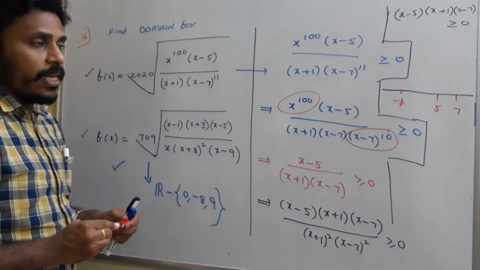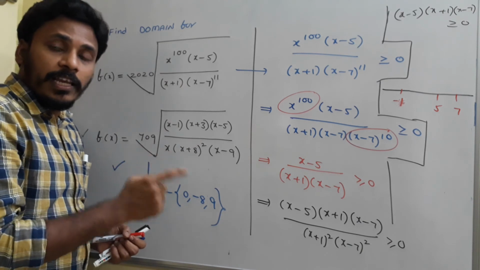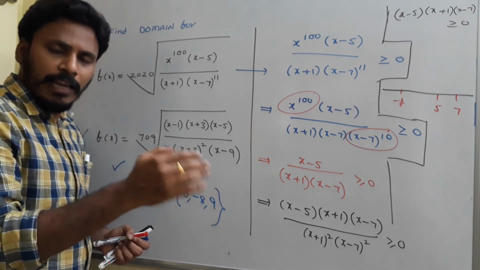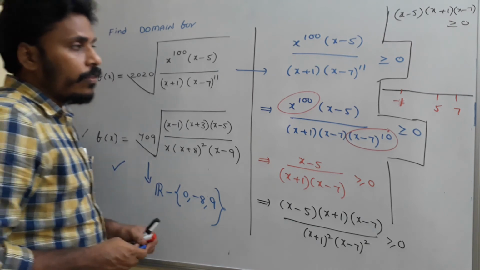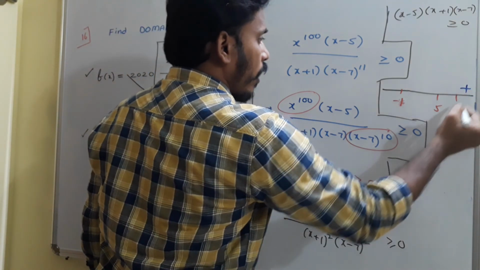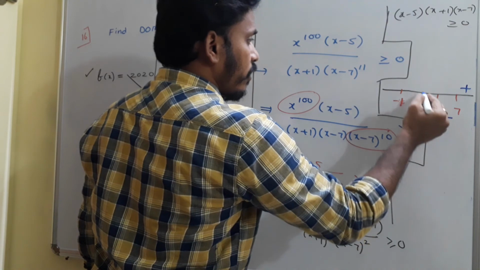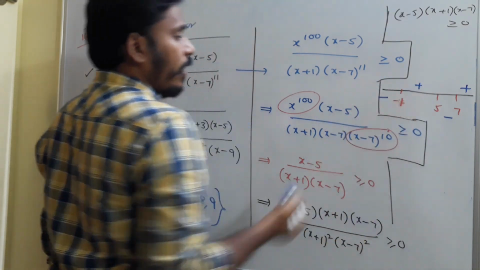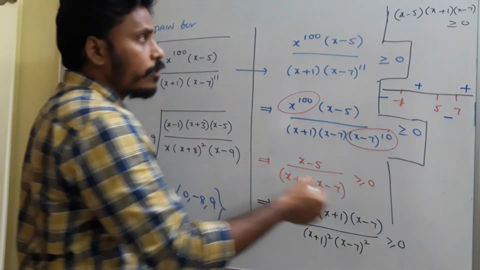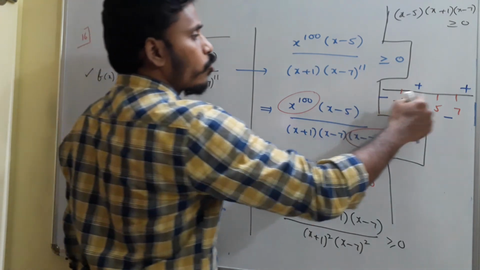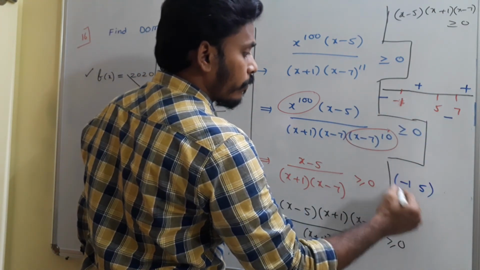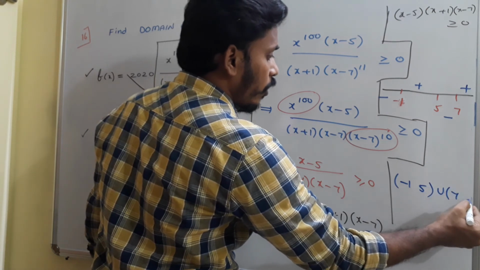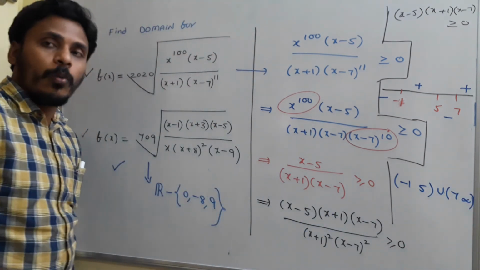Then in the last region after that 7, you just take any value like 8, 9, 10, 11, any number and replace in that expression. It is positive. So in this region it is positive. So alternately if you work, in this region it is negative, here it is positive, here it is negative. Since we are searching for the positive region, these two are our answers. So minus 1 to 5 union 7 to infinity are the possible values.